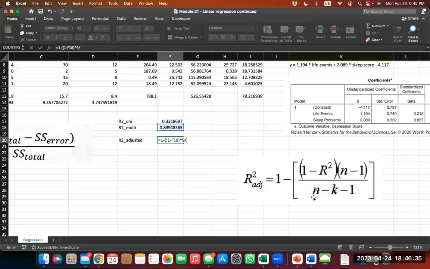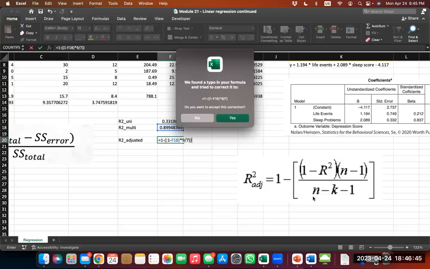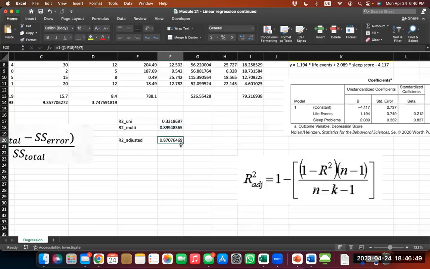N is 10, k is 8, so 10 minus 8 minus 1 is 7, divided by 7. So your adjusted R squared is only 0.87.